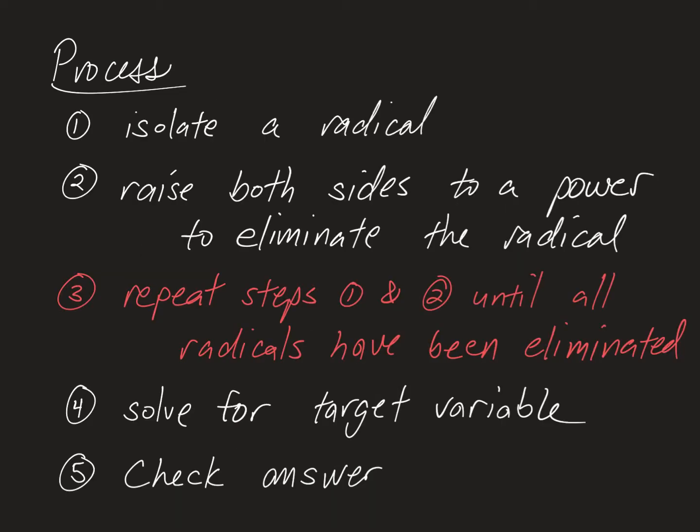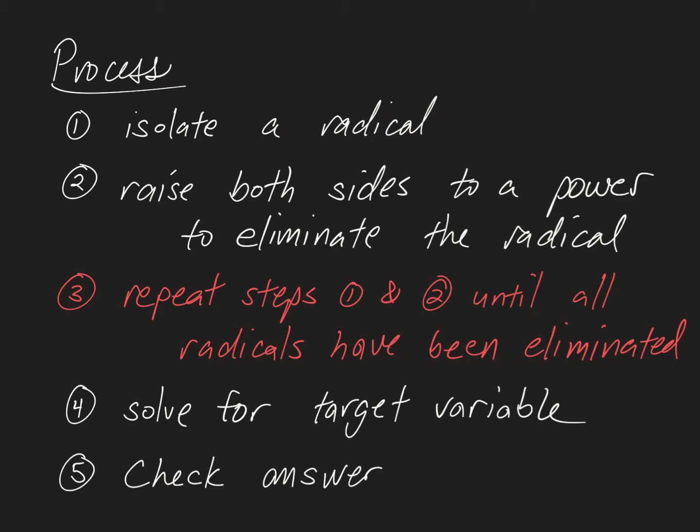The process for solving a square root equation is as follows. The first thing you want to do is isolate a radical. From there, you need to raise both sides to a power to eliminate the radical, aka reduce the radical away out of the equation. From there, you may have to repeat steps 1 and 2 until all radicals have been eliminated.